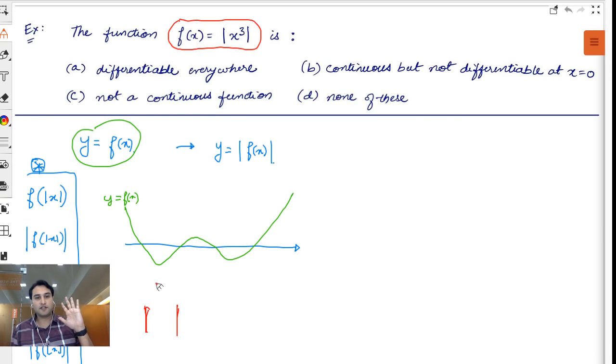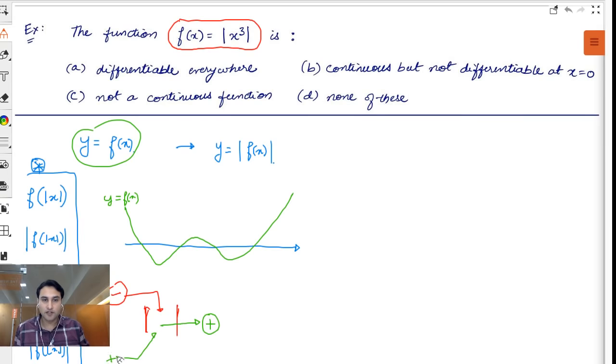It's a saint which says, if you come with negativity to me, what will Baba do? Baba will make you positive. If you are coming in with positivity, no problem, Baba will let you go. So mod is our Baba function. What does Baba do? It makes negative positive.